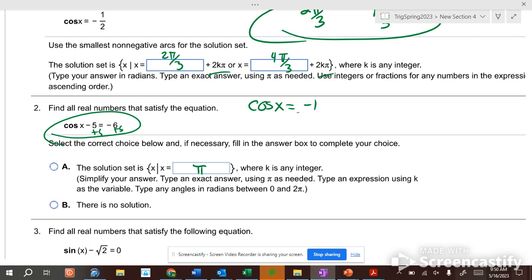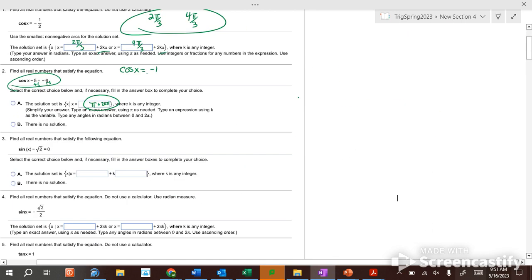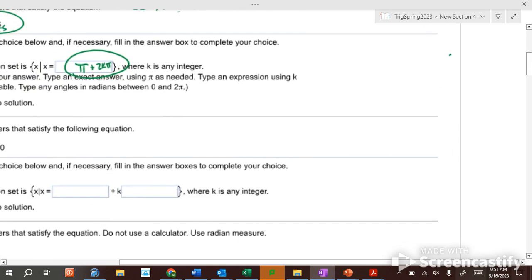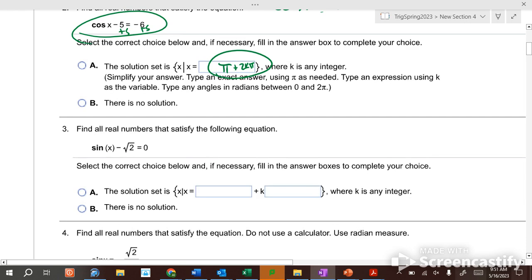So it's at pi plus 2k pi, where k is any integer. Okay? Because that's the only place it's equal to negative 1 on the whole unit circle. All right.